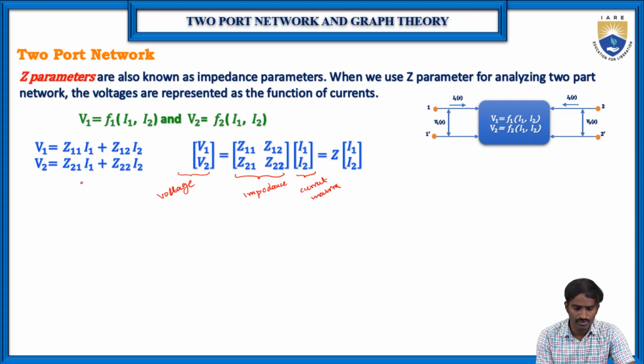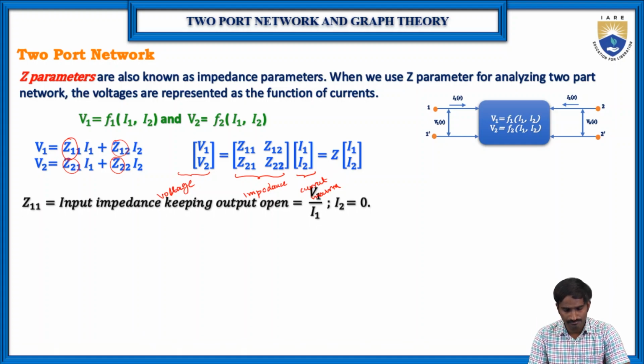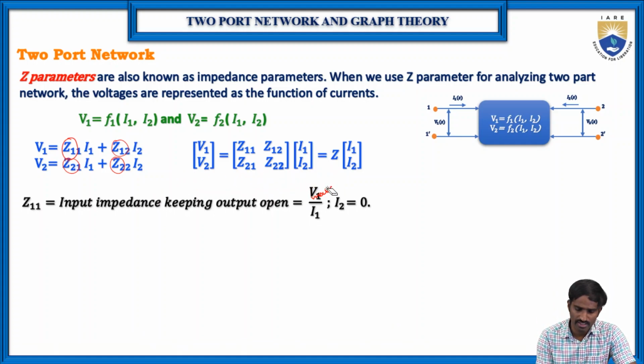Now we should know how to find Z11, Z12, Z21 and Z22. We need to make some considerations to find each impedance parameter. So what does Z11 represent?